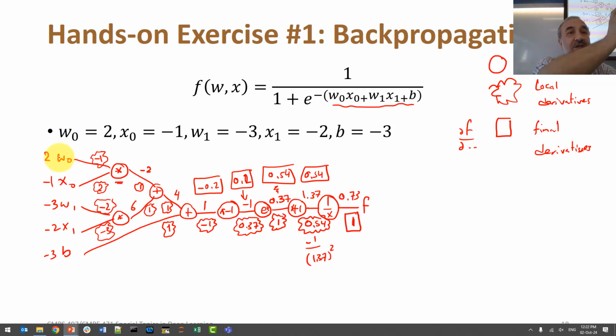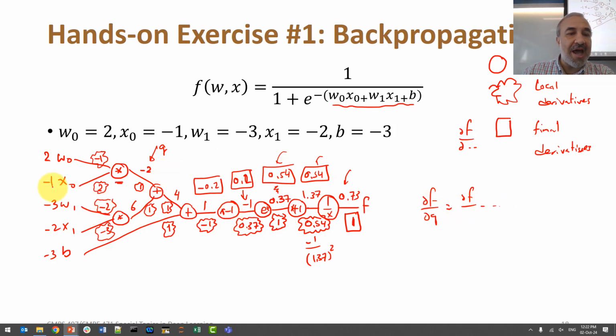yes, multiplications, because that's the chain rule, right? Chain rule says that, for example, let's say this variable is q, so df by dq is df by this variable times the derivative of this variable with respect to the next, and so on. Okay, so that's the chain rule.